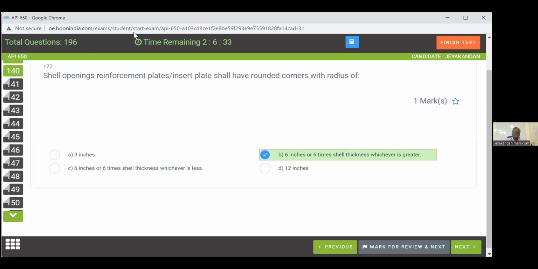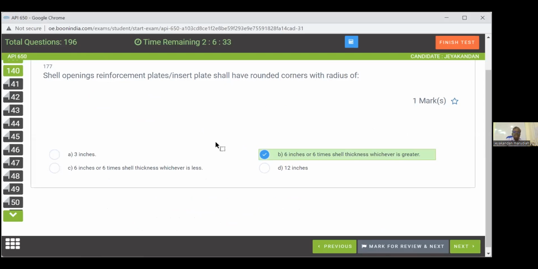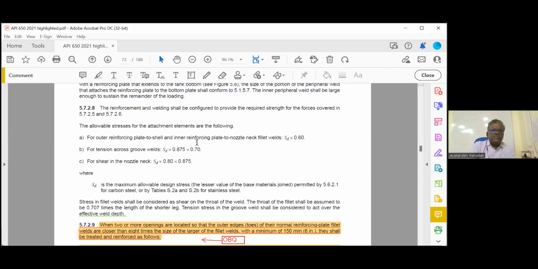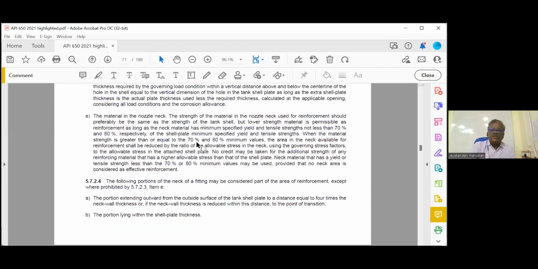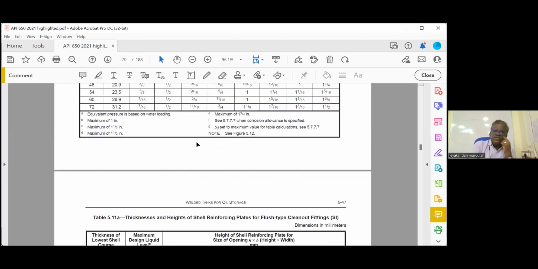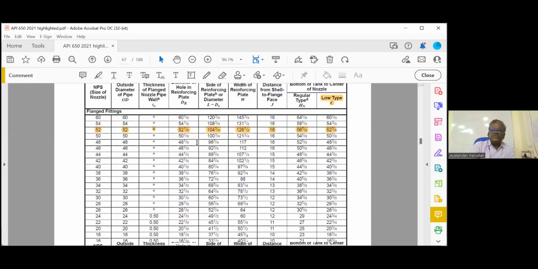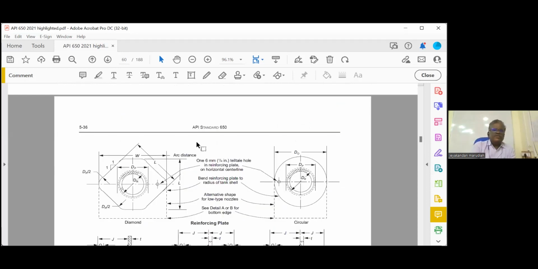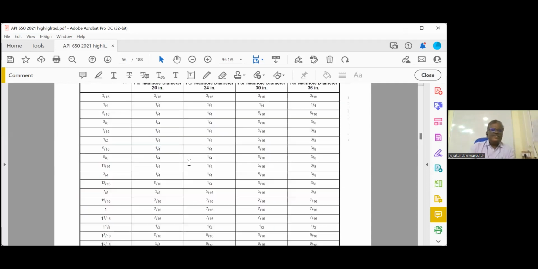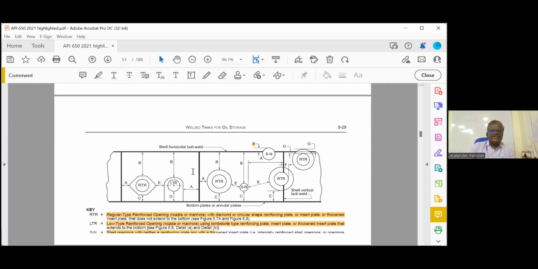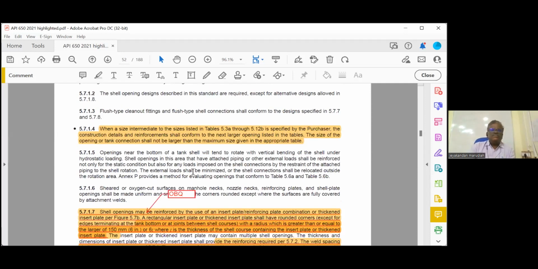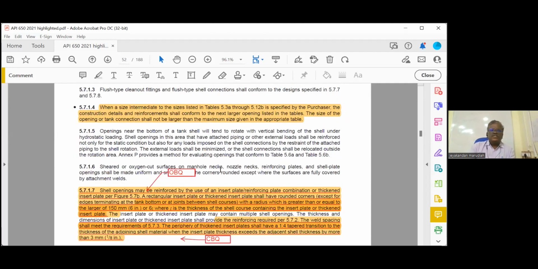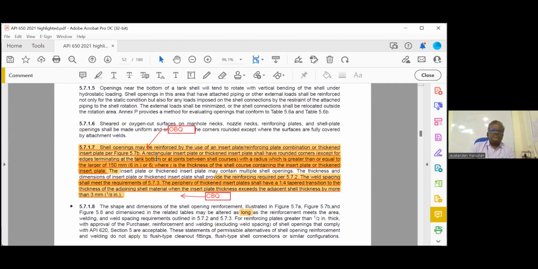So you have to check the shell openings. Okay, it's given 5.7.1.7, sir. Very good, people are searching fast. 6 inch or 6 times thickness, whichever is greater. Okay, that is the answer.